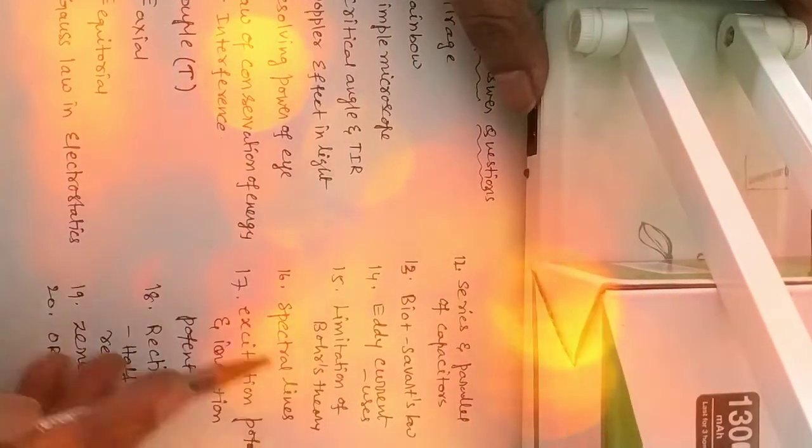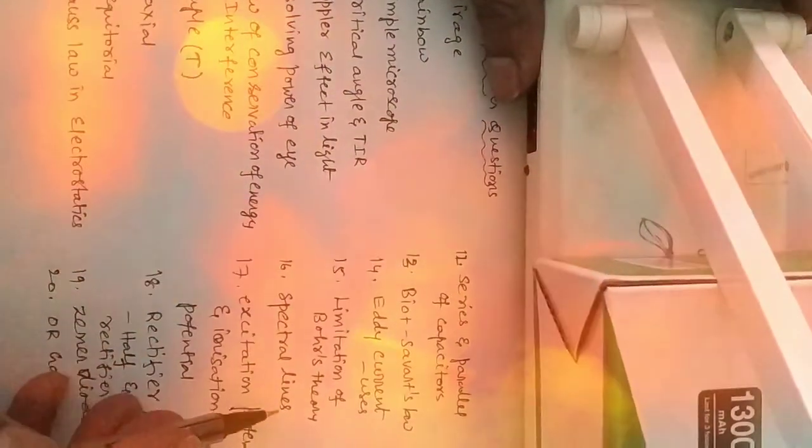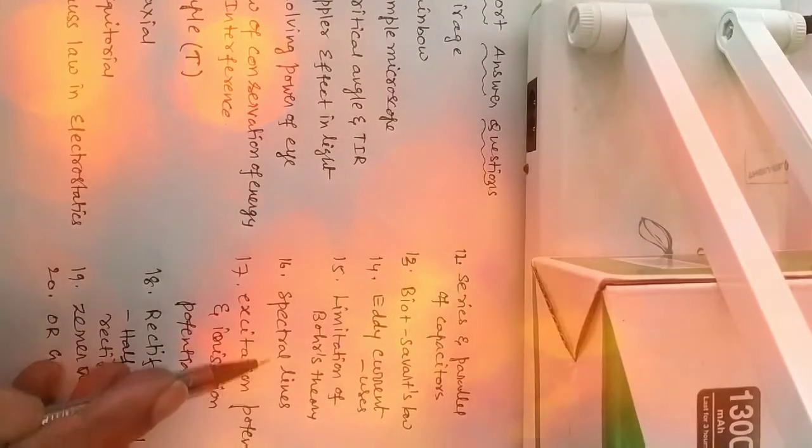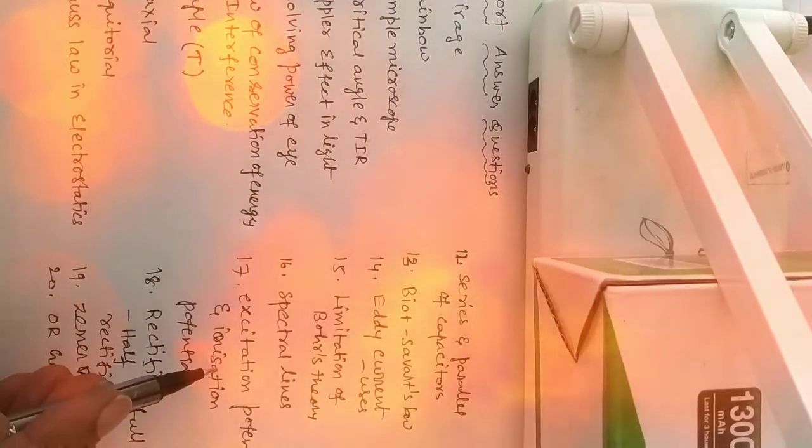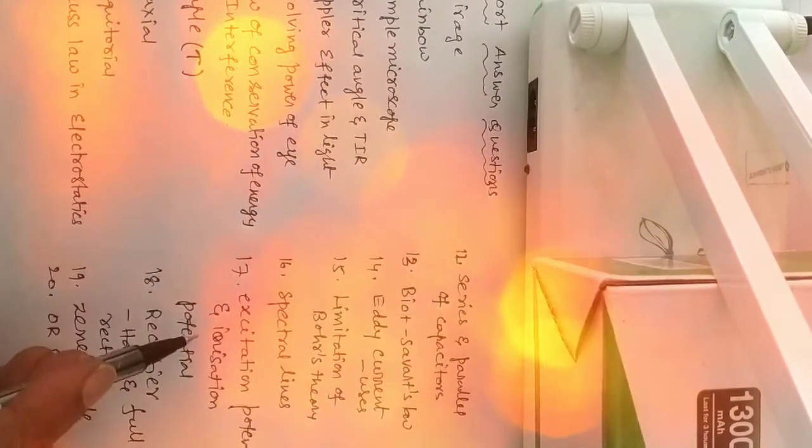So the 15th question, limitations of Bohr's theory. 16th question, explain the spectral lines. 17th question, distinguish between excitation potential and ionization potential.